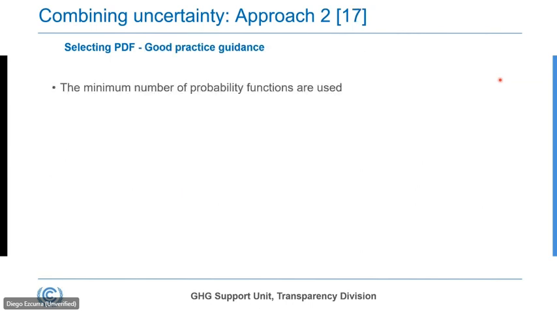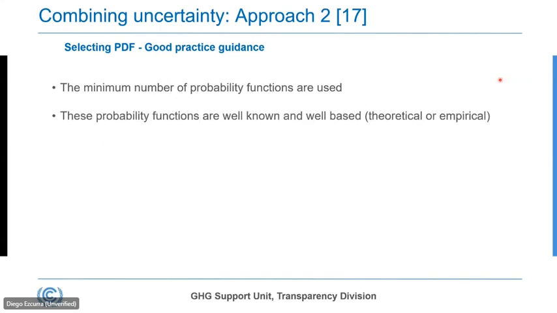So a few good practice guidance for this. Just remember, don't be so creative in selecting probability density function. In general, you would use just 2, 3, 4. Don't get very creative in selecting weird probability density functions, because probably they are not the real representation of the variability you are trying to model.